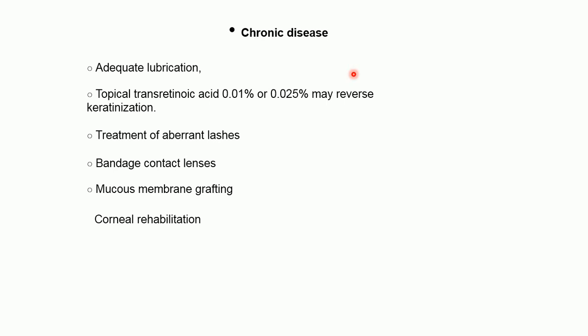Mucous membrane grafting, for example, buccal mucosal autograft for fornix reconstruction. Corneal rehabilitation involves superficial keratectomy for keratinization, and lamellar corneal grafting for superficial scarring. The preferred option is penetrating keratoplasty. AMT, limbal stem cell transplantation, and keratoprosthesis are used in end-stage disease. Thanks a lot.